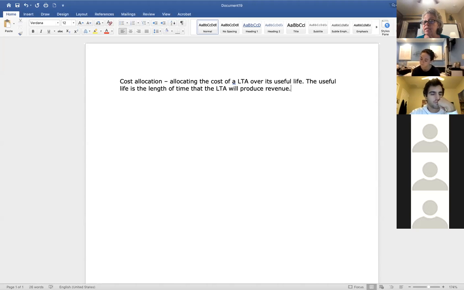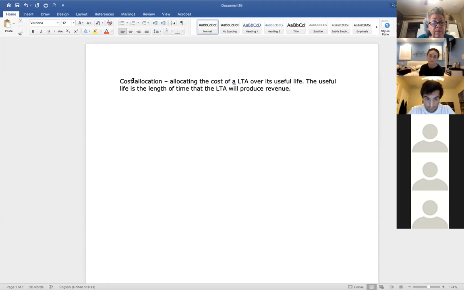Would that make any sense at all that that $1 million of expense would be on the income statement in the year that we purchased the asset? No. Okay, because we want to allocate the capitalized cost less the residual value over its useful life.